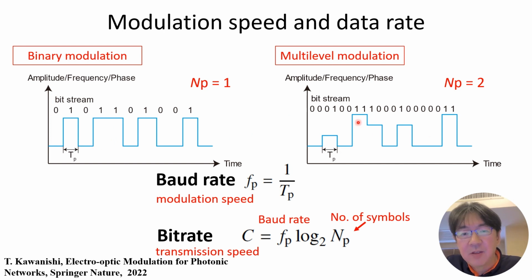So if we have some undesired noise, the binary modulation format would be more robust. But with the multi-level modulation scheme, we would have the large impact from the noise.